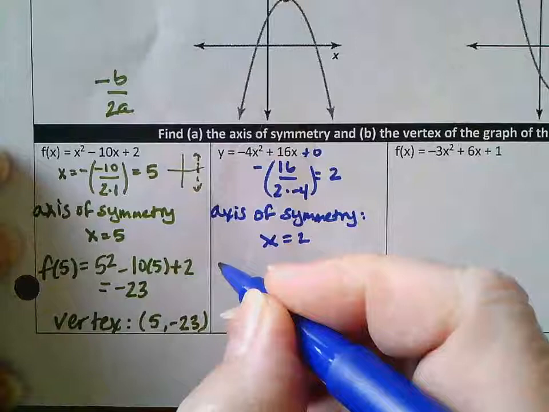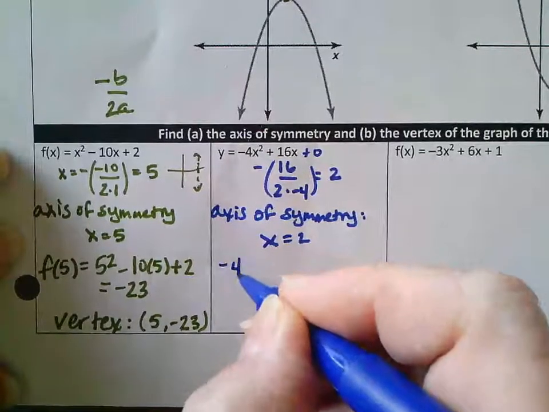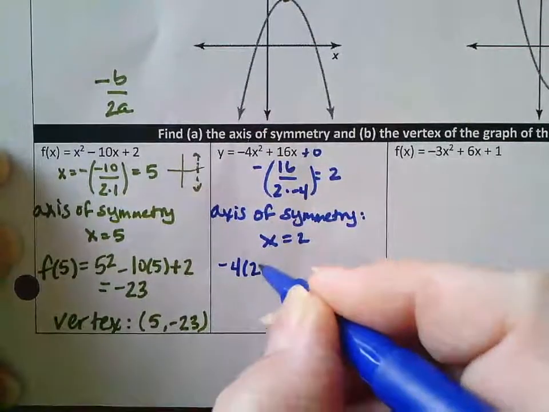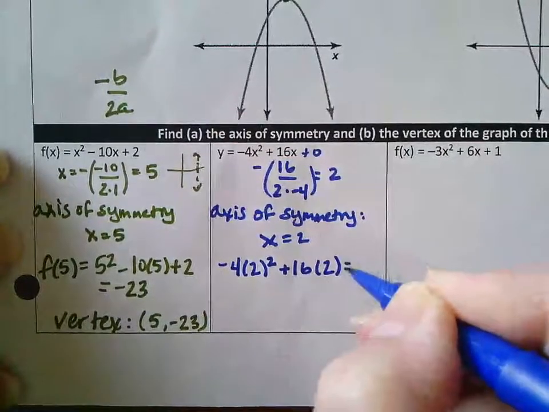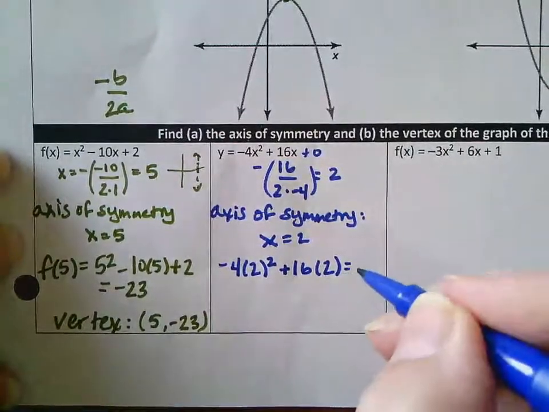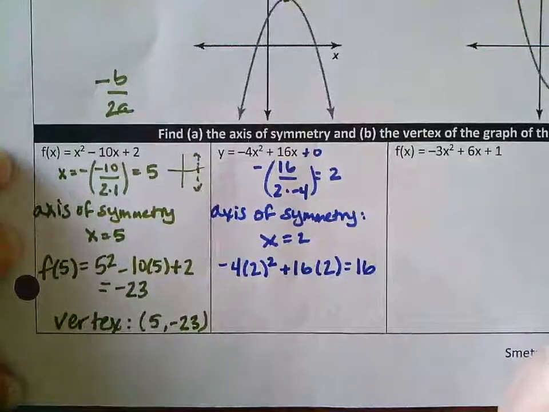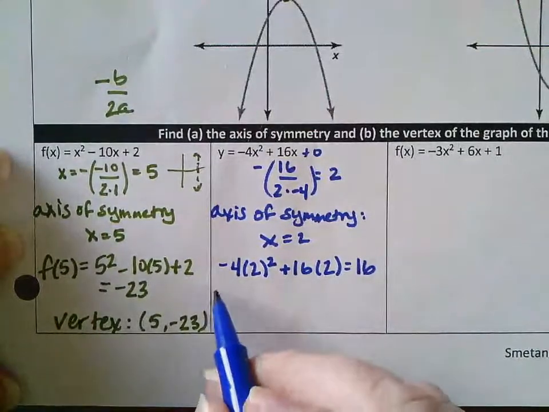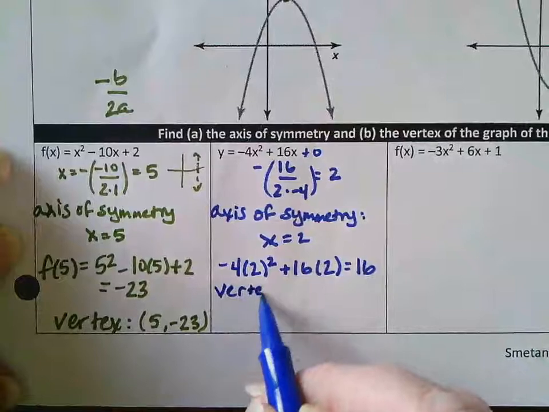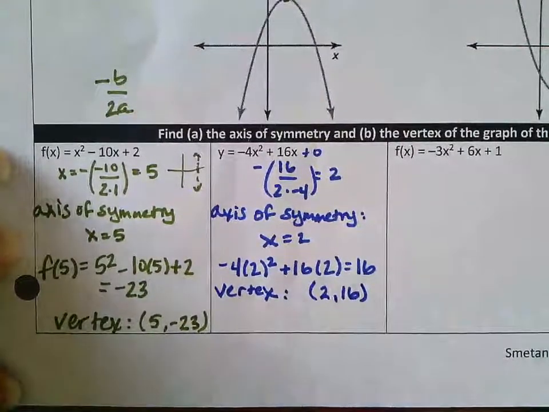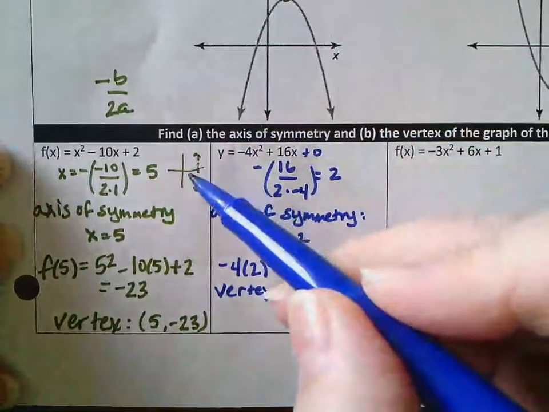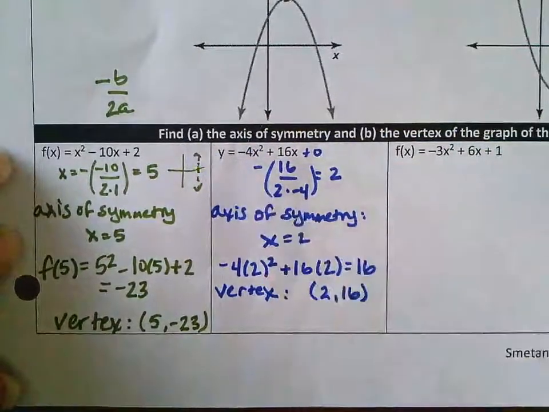So I have negative 4 times 2 times 2 plus 16 times 2, and I get 16. So my vertex is at 2, 16. So if I was looking at a graph, here's my 2, and it's way up here.